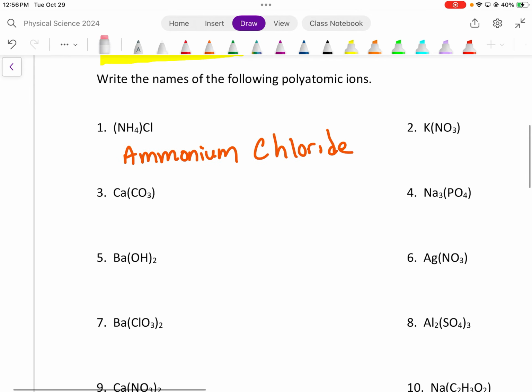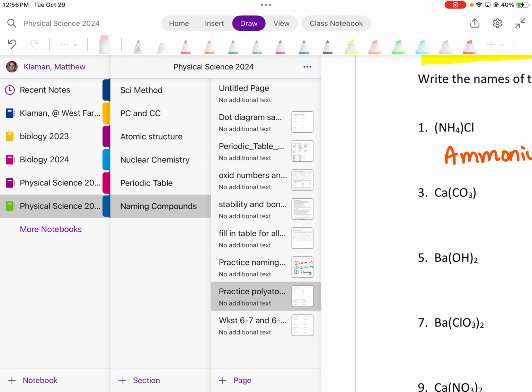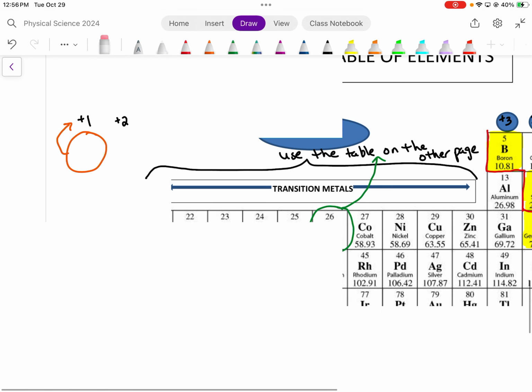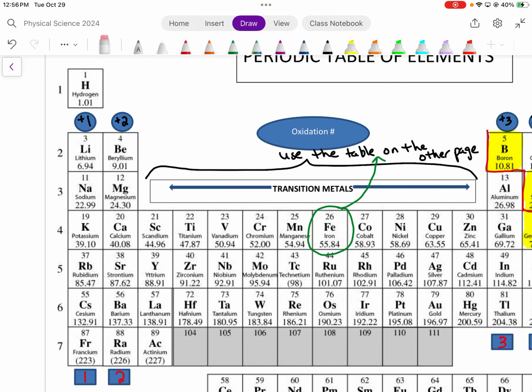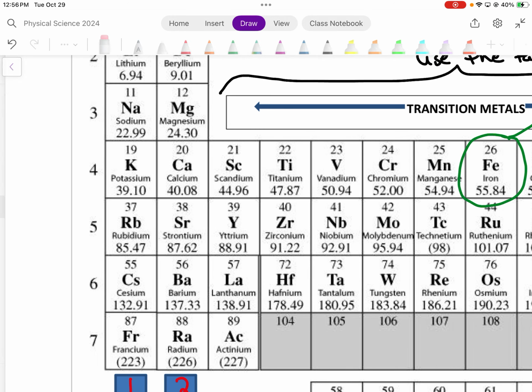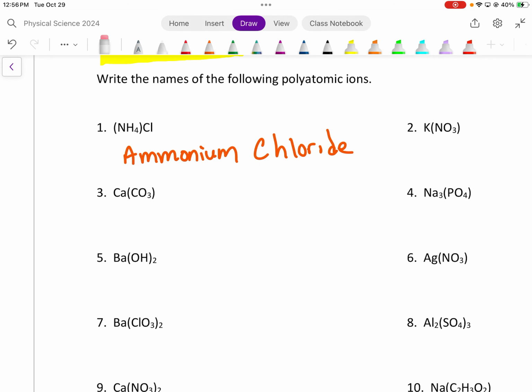We'll do one more. We'll go down to number 3, Ca. Go to my periodic table. Ca is calcium. There's calcium, capital C, lowercase a. So I'll go back here.